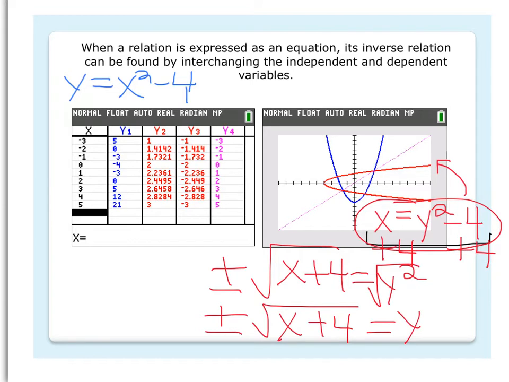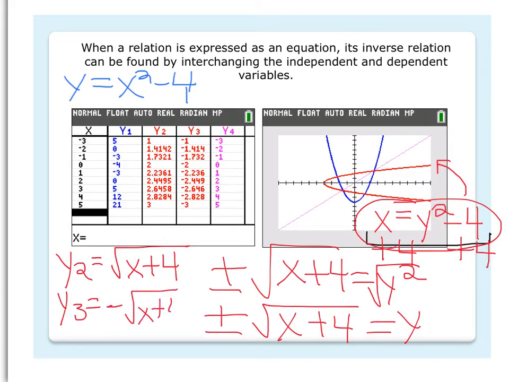Now, remember that anything with a plus or minus, you have to type in 2 separate equations into your equation editor. So in y2, I graphed the equation square root of x plus 4. And in y3, I graphed the opposite of square root of x plus 4. Hence why you have in y2 here one column of y values, and you have another column for y3.